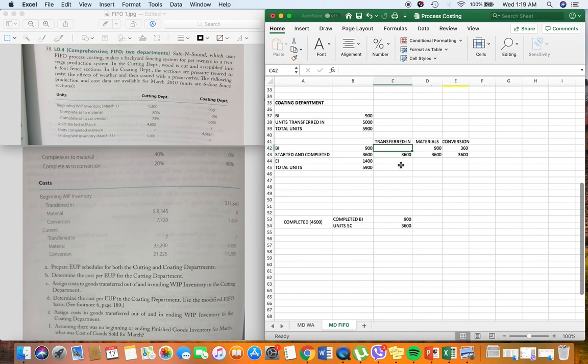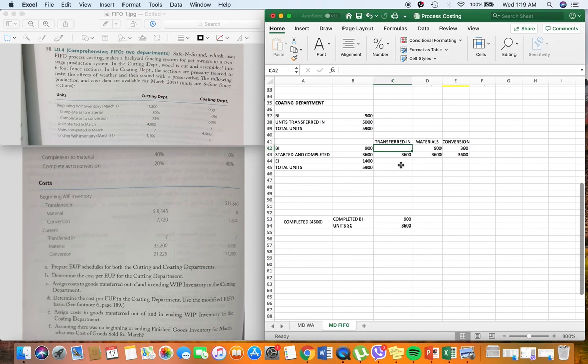Now, what about the transferred in units? When it comes to the transferred in units, in determining if yung EUP niya or the work done is 100% or 0, you have to check kung kailan nailipat yung units dun sa particular department na pinag-uusapan natin.